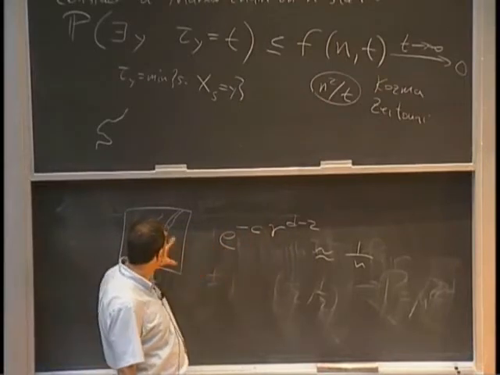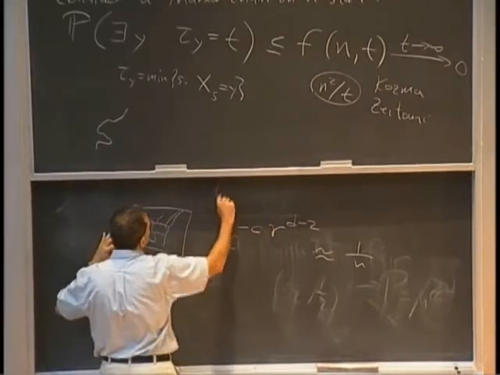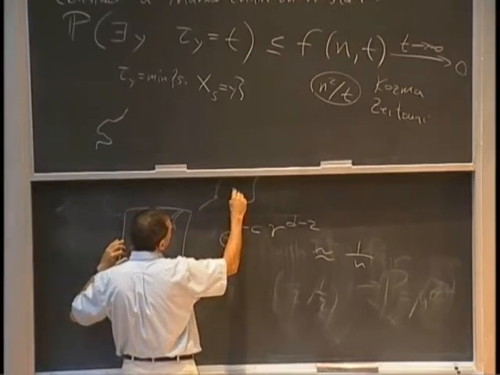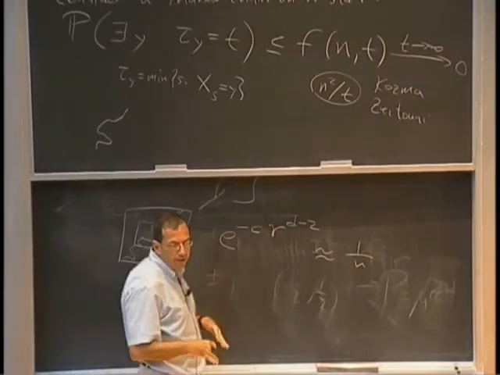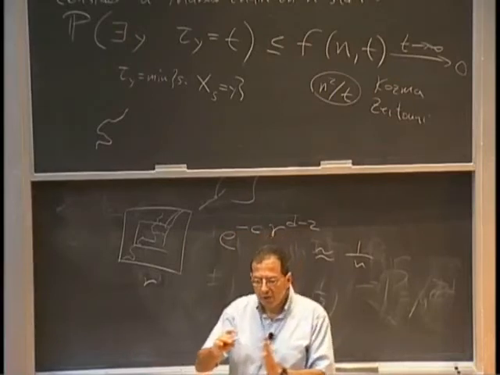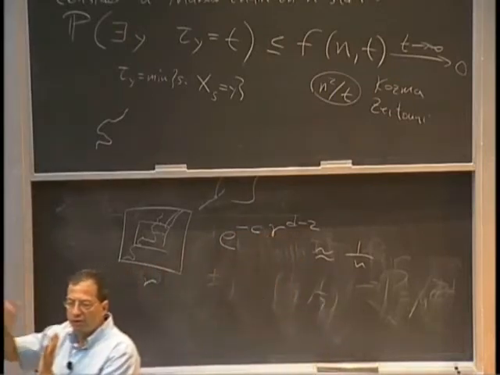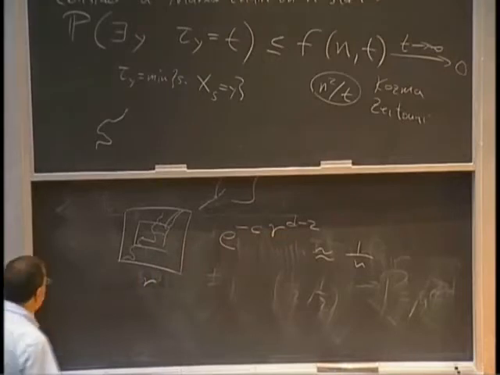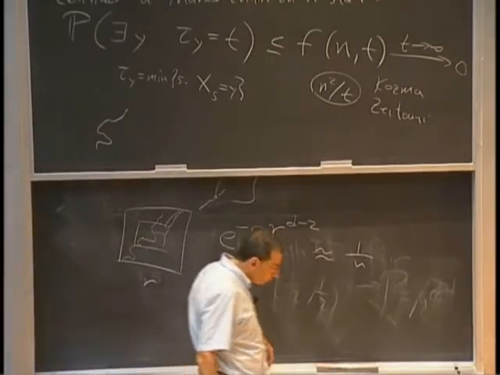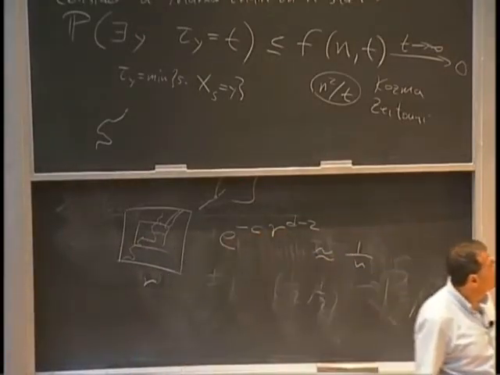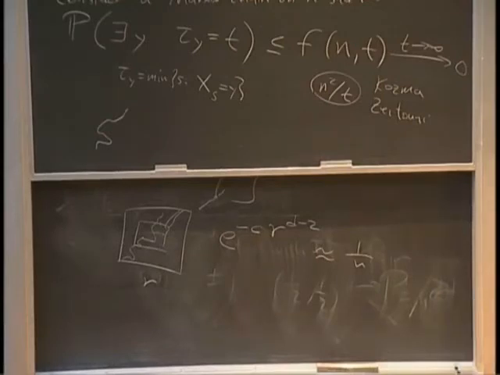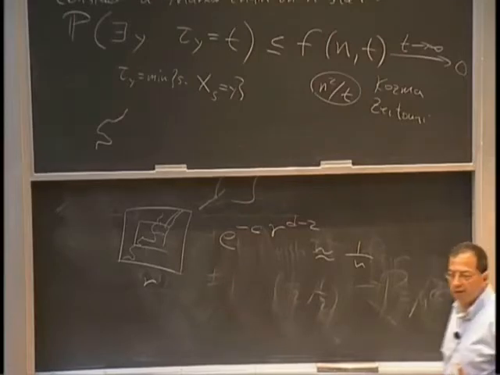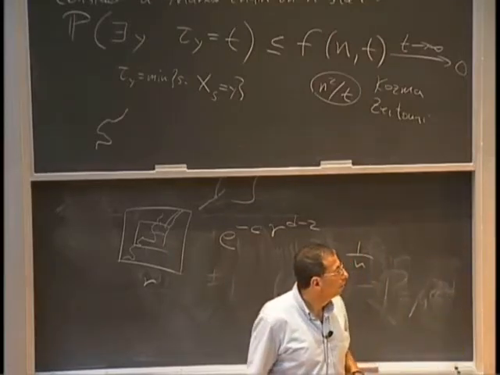Because again, each time I reach a box, I can think of an independent trial. Am I going to take this box and go back and forth r to the d minus 2 times? The chance of that happening is this. And so if I choose r of order a suitable constant times log n to the 1 over d minus 2, then this will indeed happen. Okay? So that's for part A.